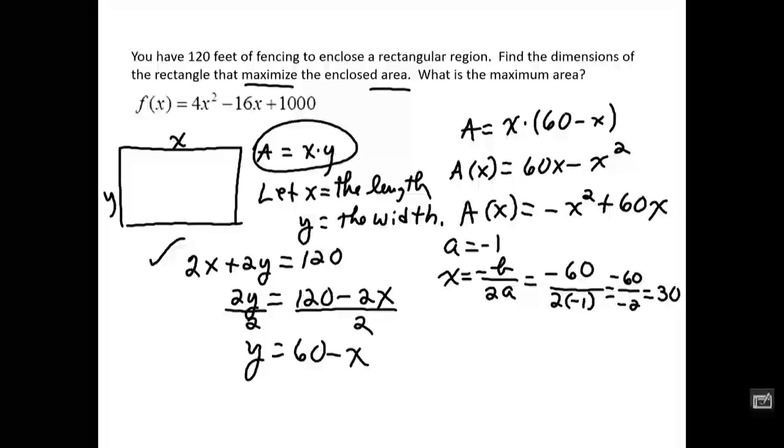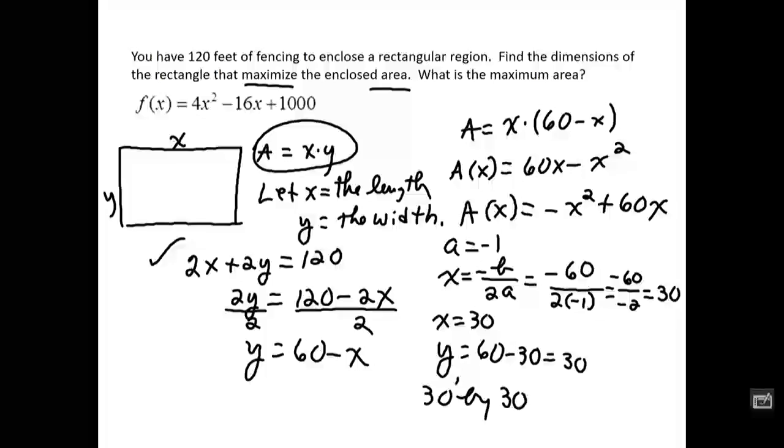So the length is 30, and the width, but we've expressed the width as 60 minus x. So 60 minus 30 is going to be 30. So we have the dimensions of the rectangle. So the dimensions are going to be 30 by 30 feet.